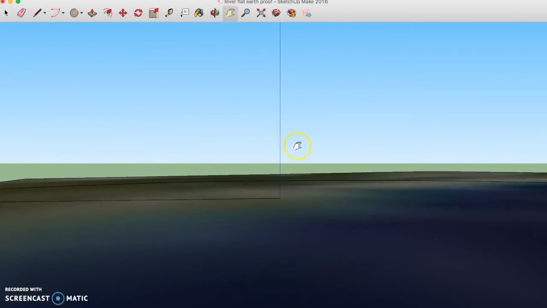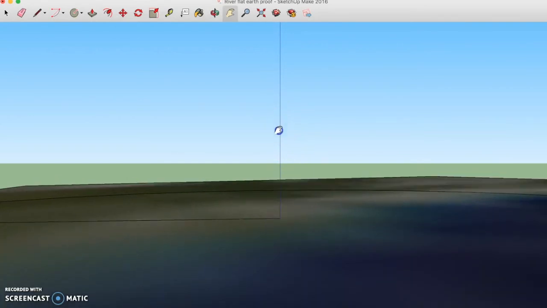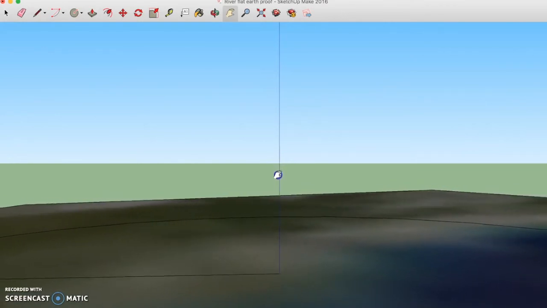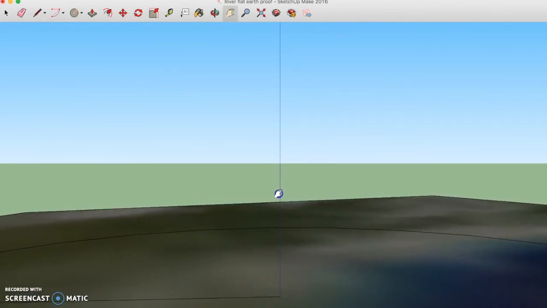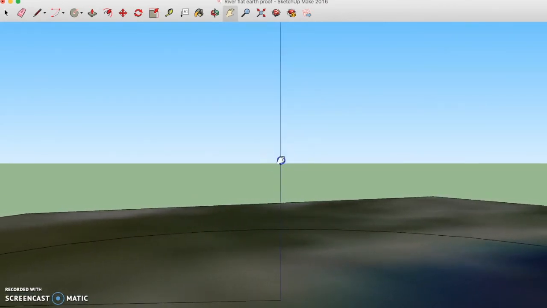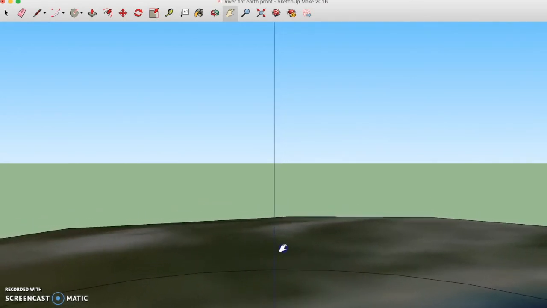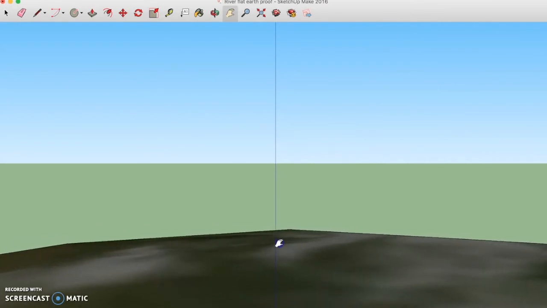Grab the hand. Now picture yourself in a hot air balloon at that river mouth, and you're gonna ascend upwards. So here I'm going to take the hand. Ooh, look at what happens. As you rise on a ball, the horizon of a ball would always go down below you.